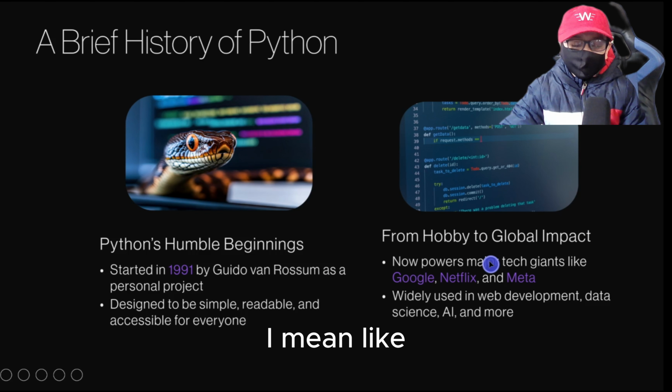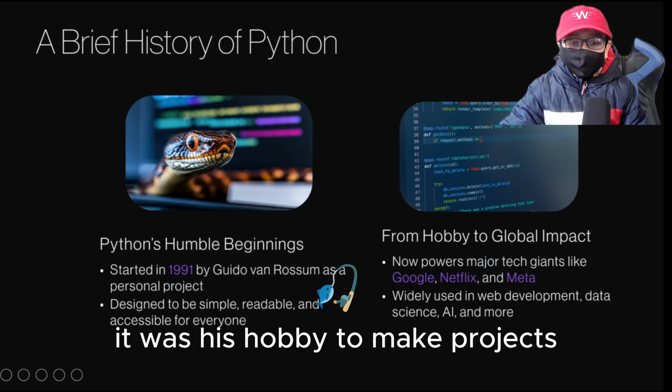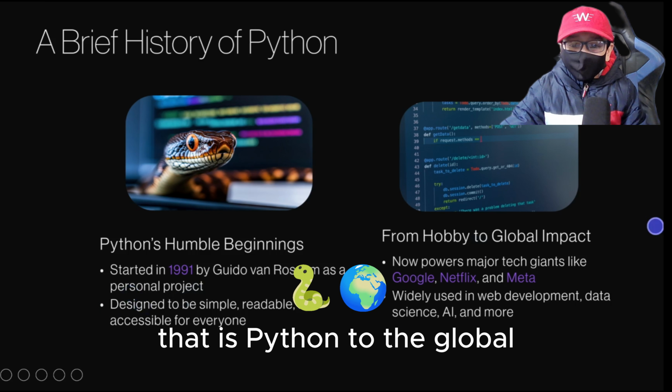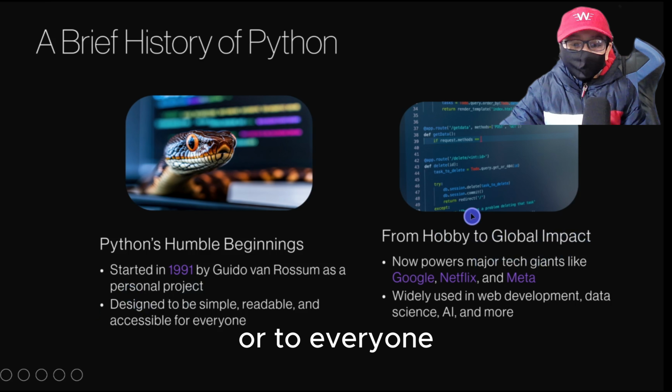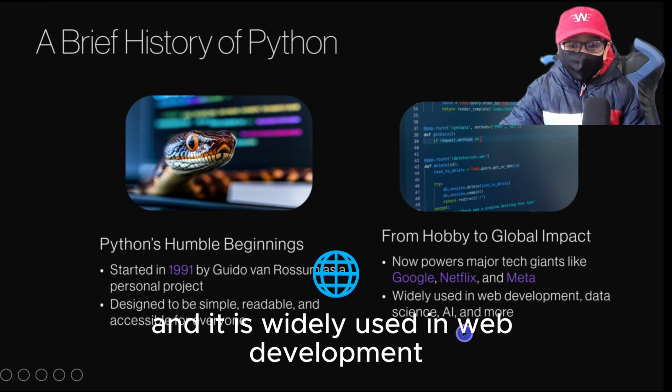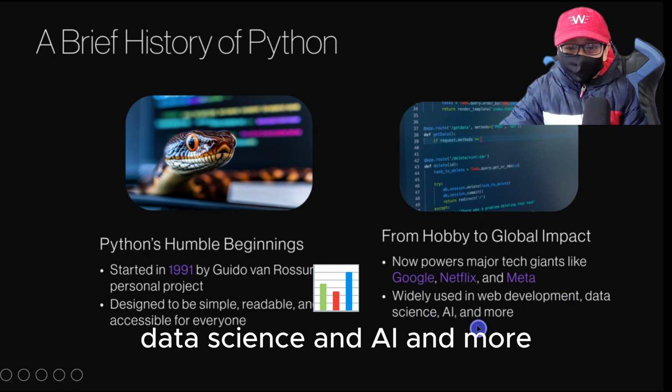It was his hobby to make projects, but he released a personal project, Python, to the global community, to everyone. And now it powers major tech giants like Google, Netflix, and Meta. And it is widely used in web development, data science, AI, and more.